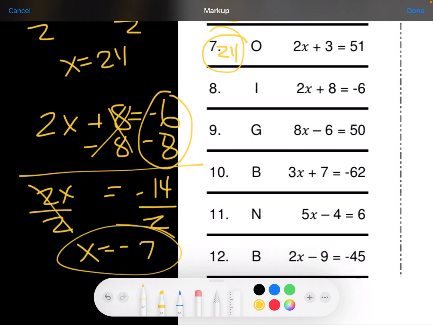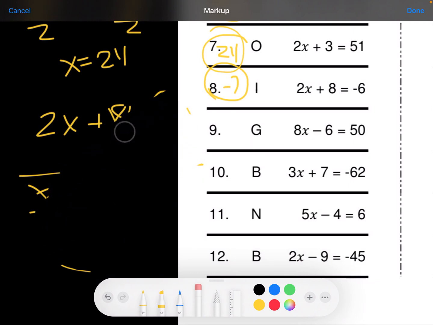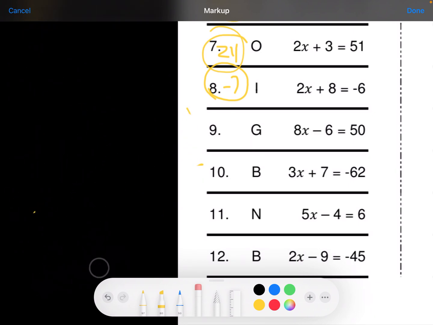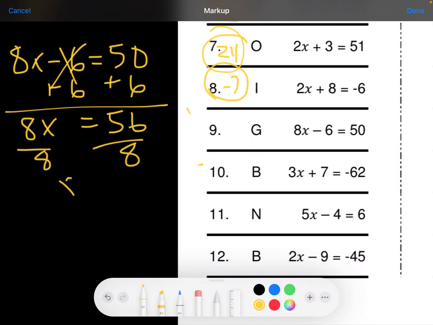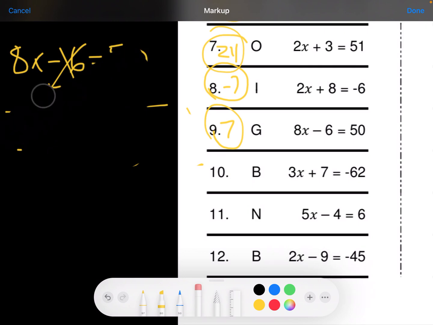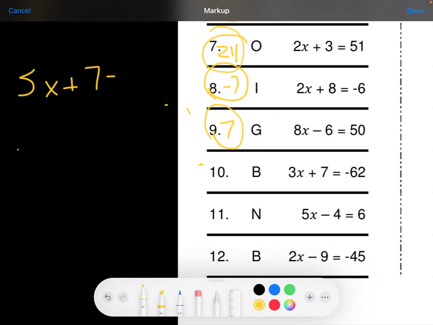X equals negative 7. Okay, my signs are the same, so I'm going to add.